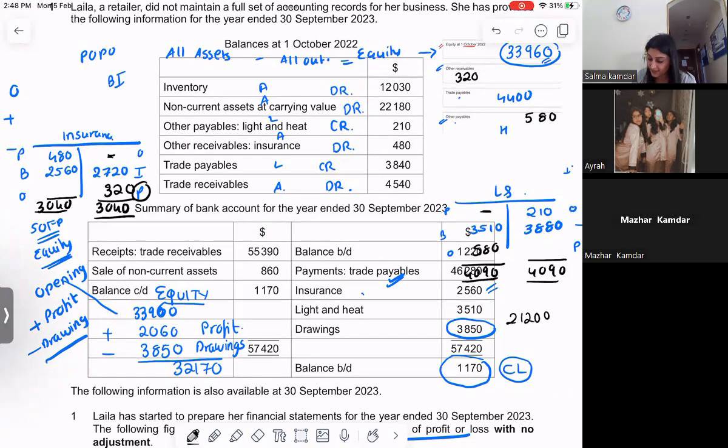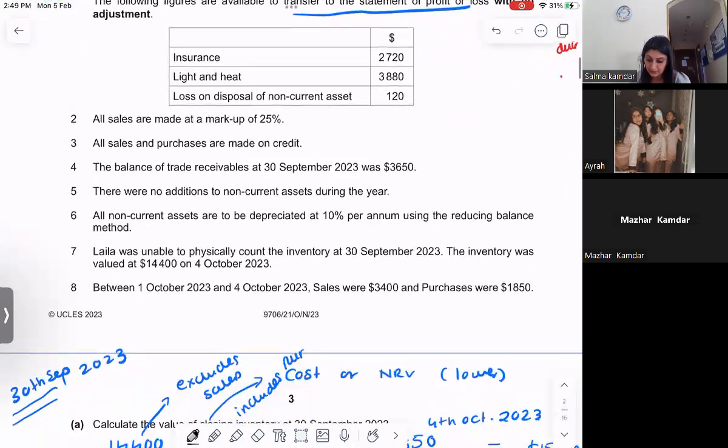And if we remove depreciation from it, then 19080 would be the carrying value of your non-current assets. Are you with me? Yes.